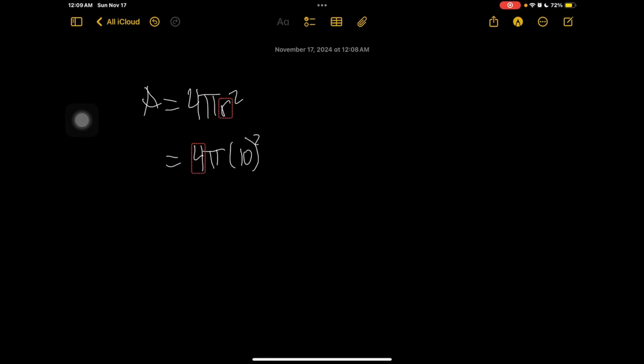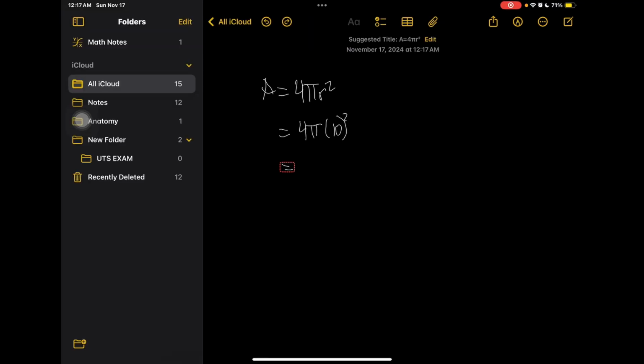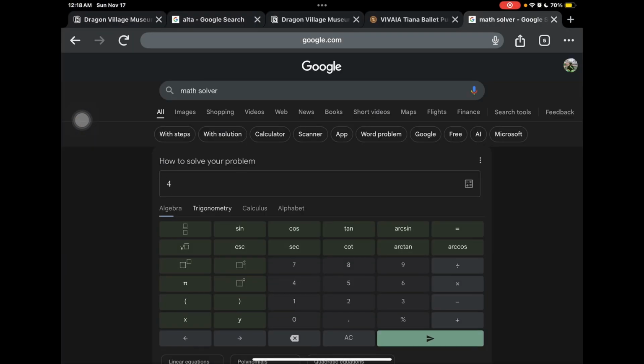So 10 squared. 10 squared is 100, because 10 multiplied by 10 is 100. And 100 multiplied by 4 is 400. So 400 pi.